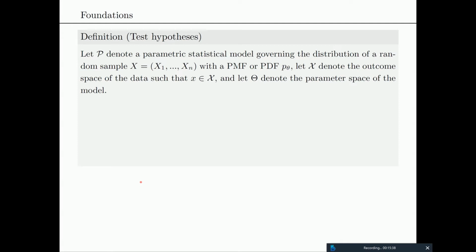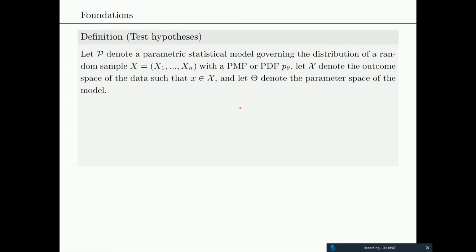We assume that there's a PMF or PDF P_theta, and 𝒳 should be the outcome space of the data, so that one observation of this random sample, for example 10 data points, is an element of this outcome space, and we have big Theta as the parameter space of the model. This is the standard assumption we had for basically all parametric approaches we've discussed so far.